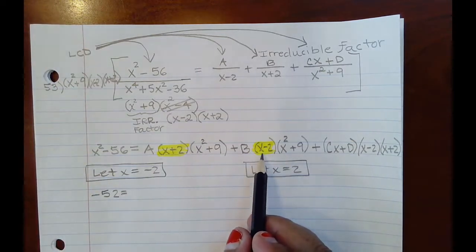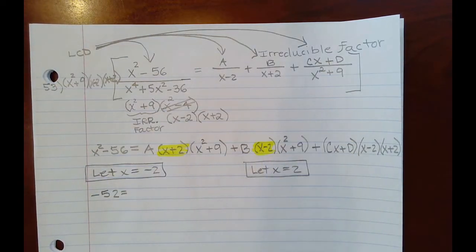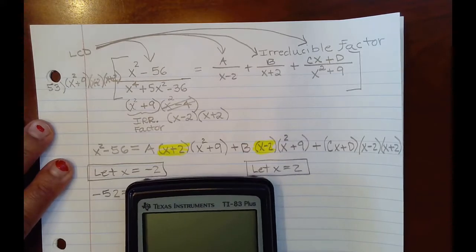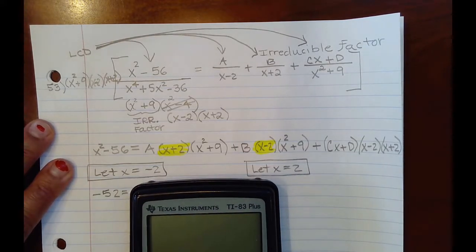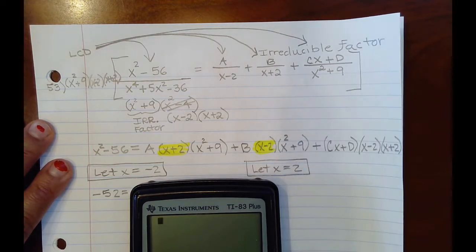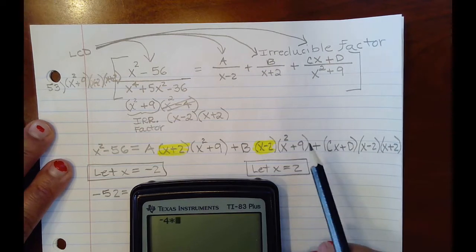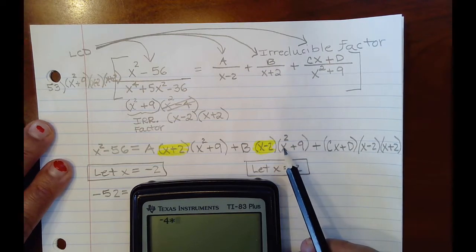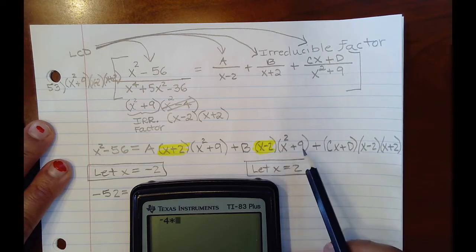If you put a -2 right here, that's going to be -4. So if I put a -2 right in there, it's going to be -4 times. When I put -2 in here, -2 squared is 4. 4 plus 9 is 13.